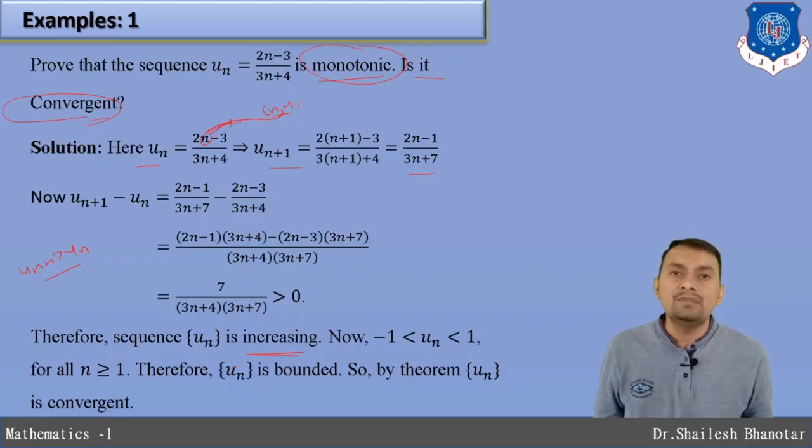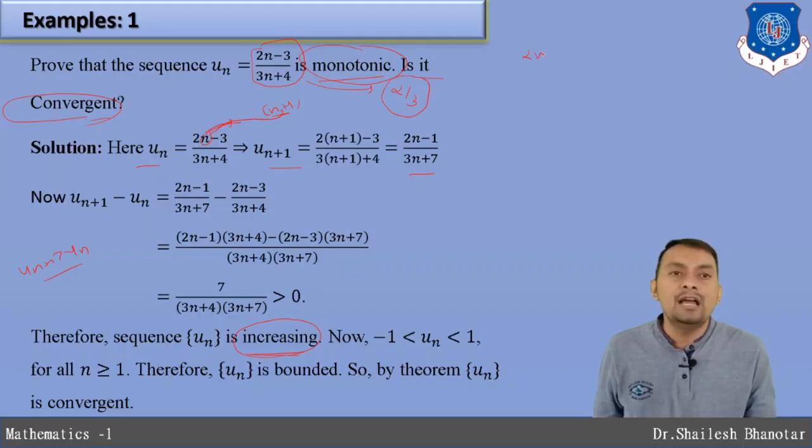Now, what about bounded below or bounded above? Since it is increasing, we have to find the number that bounds the sequence above, and I am going to find it. Clearly, whenever you see this kind of expression where n has power 1 in both, that means both polynomials have degree 1. So whenever you take the limit, you will definitely get 2 by 3.